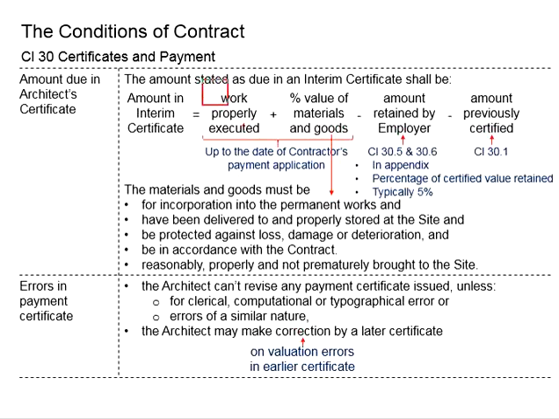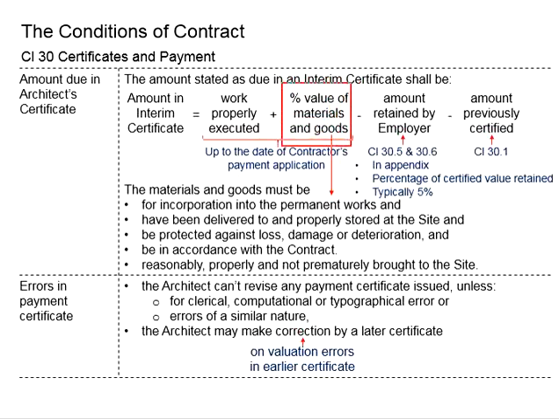And regarding the work properly executed, this is inclusive of the work done by the contractor as well as the nominated subcontractor. As the contractual relationship is between the employer and the contractor, it is only when the contractor receives the payment that the contractor pays the nominated subcontractor for his portions of work.